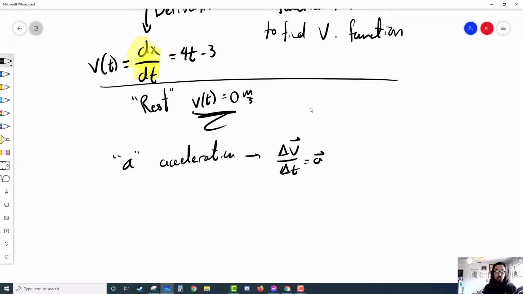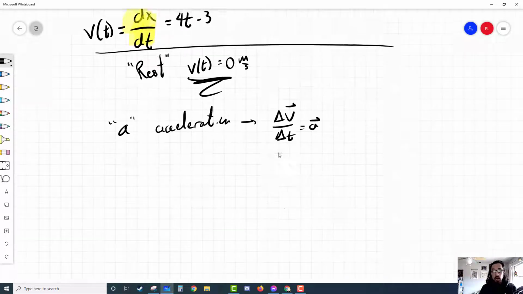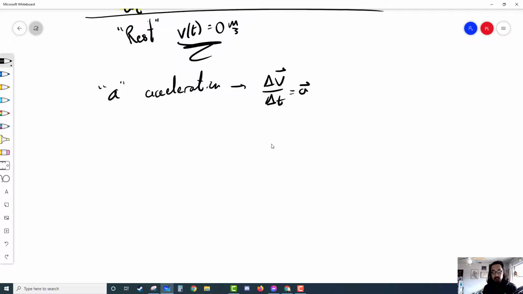Simply put, acceleration does not tell you how fast something is moving, but it does describe the motion. The acceleration tells you if it's speeding up, if it's slowing down, or if it's changing direction. We didn't do changing direction, but we will. The first two are definitely the ones that we worked on for this unit, speeding up or slowing down. Now here's an important idea here.